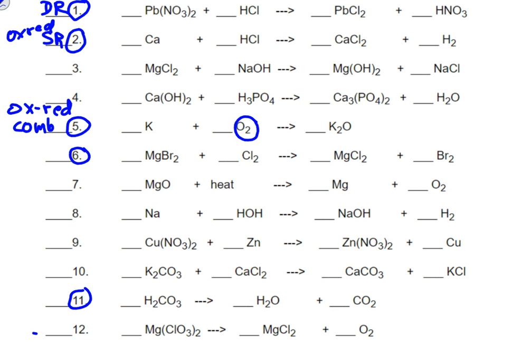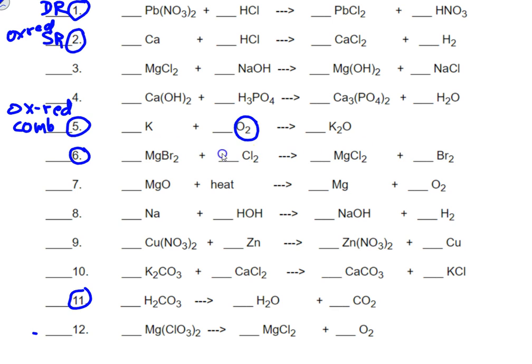Column 6 is 2 minus. Yeah, 2 minus. Okay, so both of these are changing charges as they come together. So we got synthesis, oxred, and what's the last one? Combustion. Okay, oxred and combustion.